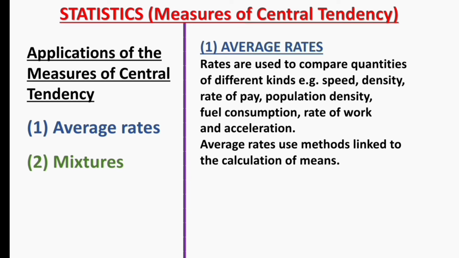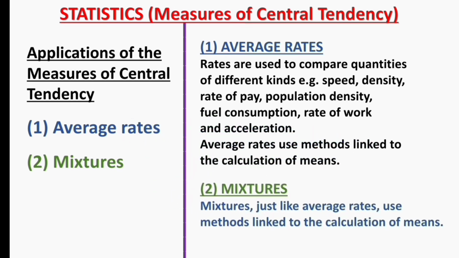Average rates use methods linked to the calculation of means. While mixtures, just like average rates, use methods linked to the calculation of means. Please take note of these applications of the measures of central tendency, talking about average rates and mixtures.